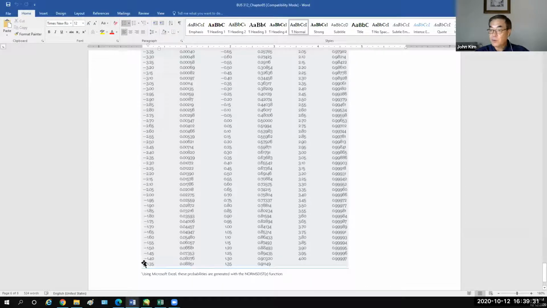Negative 1.4, we can get the exact value: 0.08076. Go back to the question.